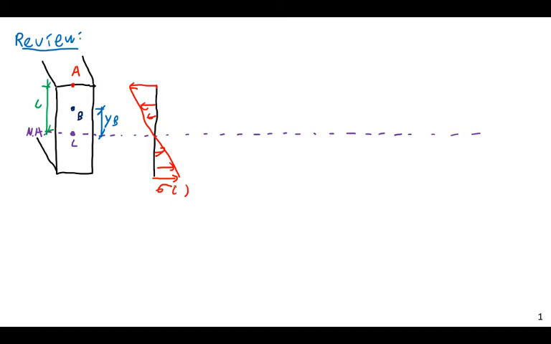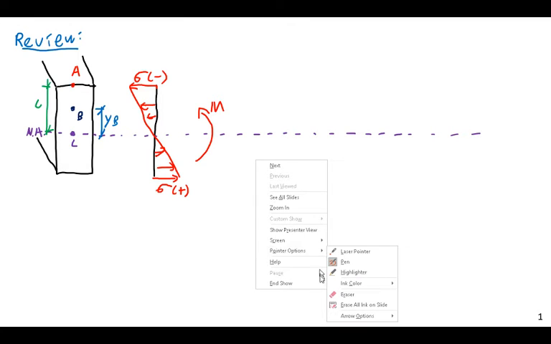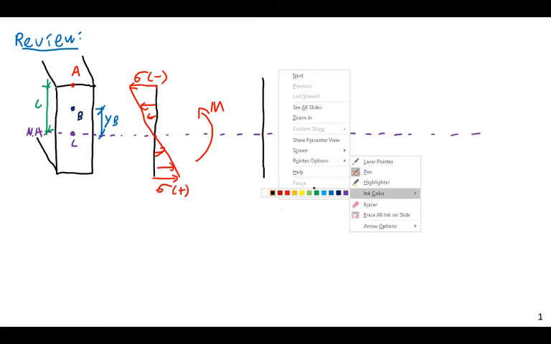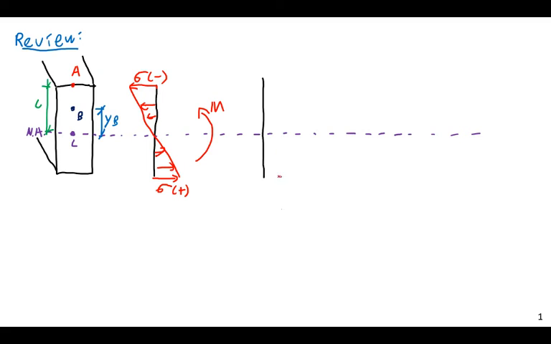And sigma here, the one associated with compression, will be negative. All of this together, the vector sum of this stress applied over dA, is going to be our moment here. Then, if I draw the shear stress distribution, I'll end up with a parabolic relationship, something like this that we saw yesterday.